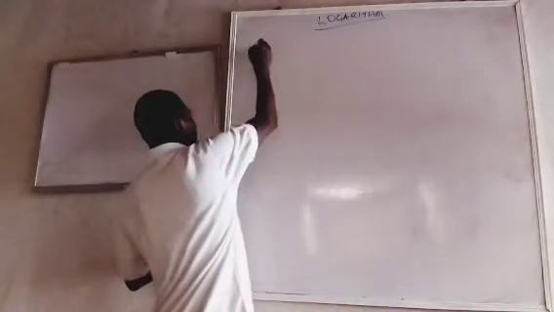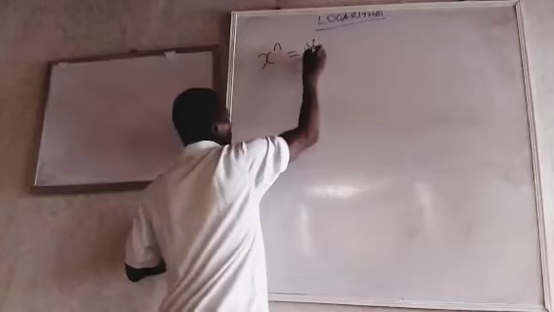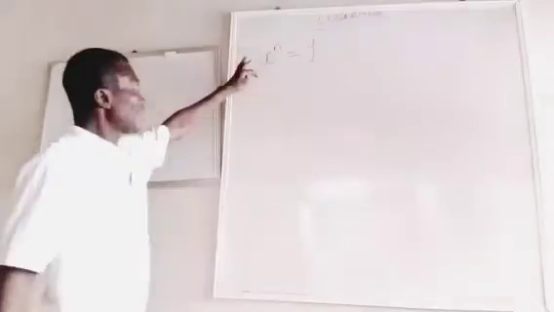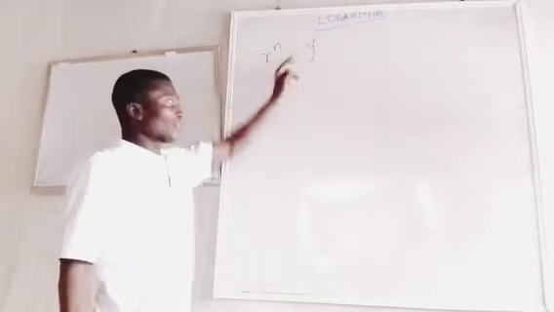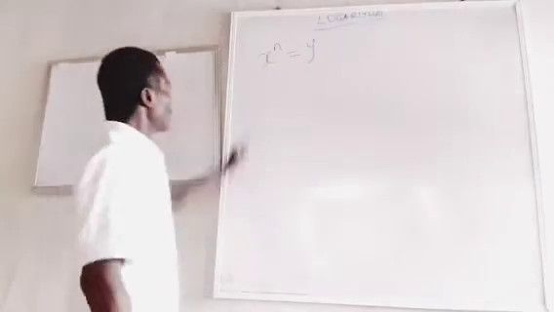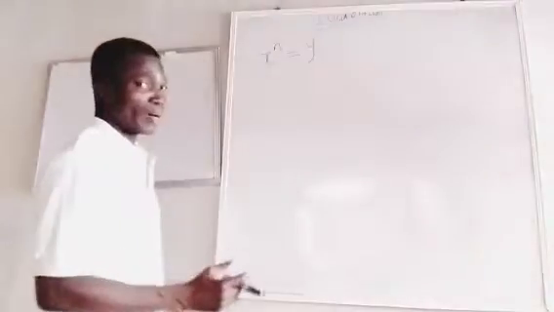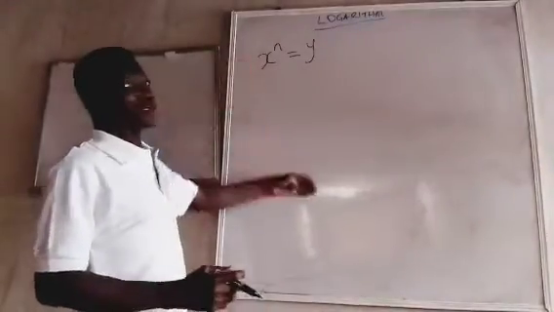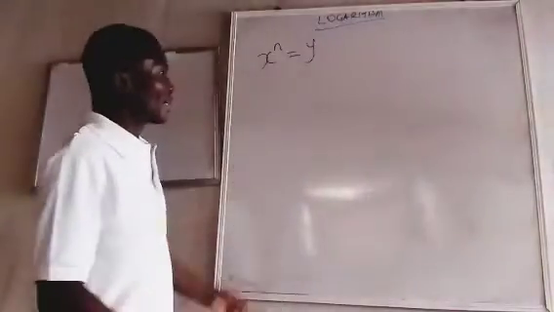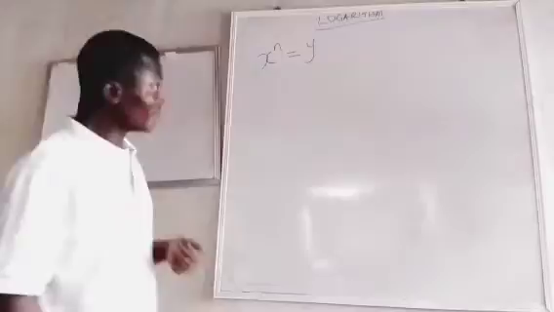Now let's look at an expression like this. x raised to power n equals y. x raised to power n, this is the power, and this is the final result, y. I can also make x stand alone without any power. So y will carry the power, but the power y will carry will be the reciprocal of n, just like we treat it in indices.